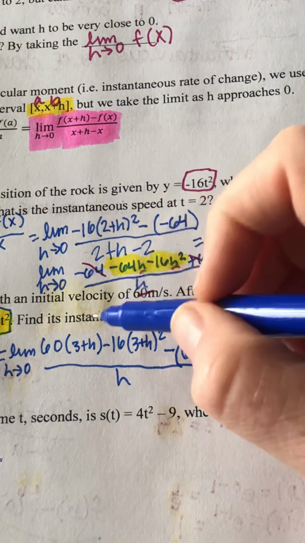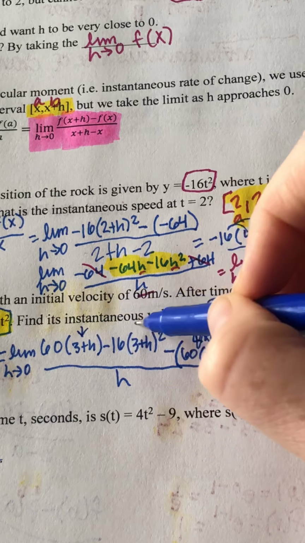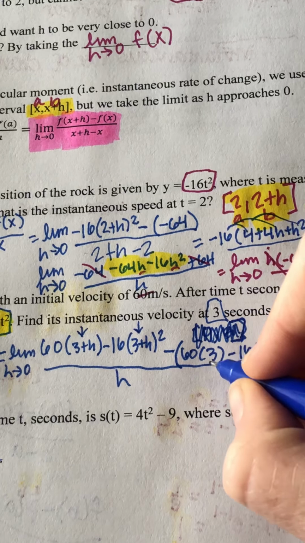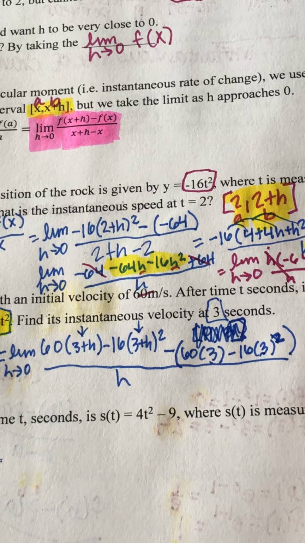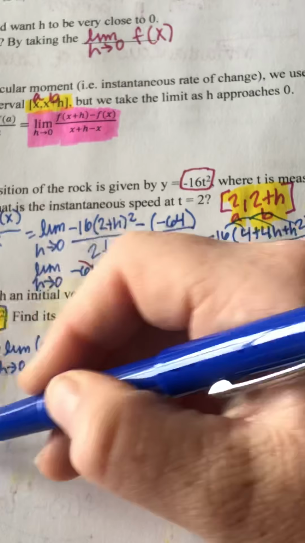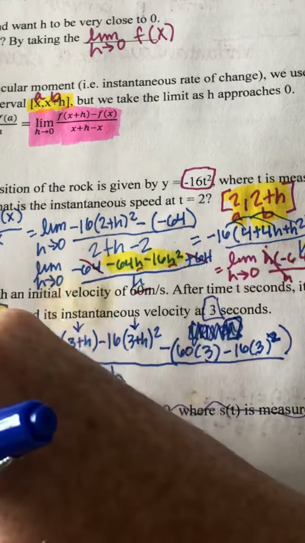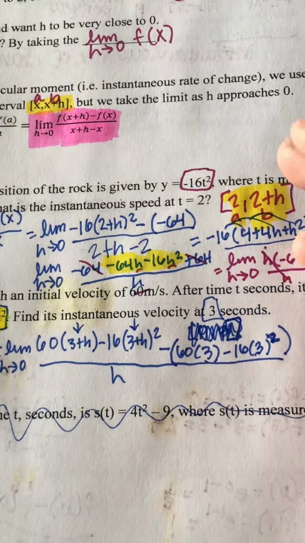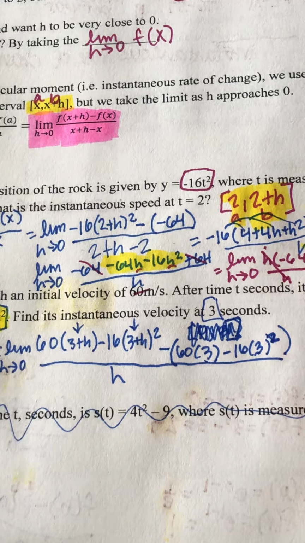So I just plugged in everywhere there was a t: 3 plus h, and then 3. Let's just ignore example 7, I'm about to run out of room. So we'll just continue this and then that'll be it.